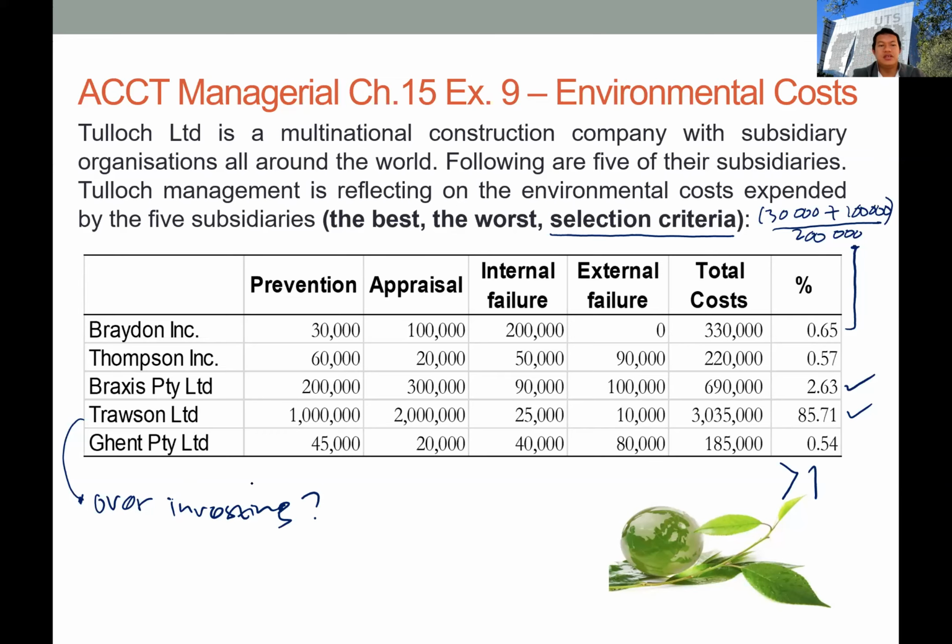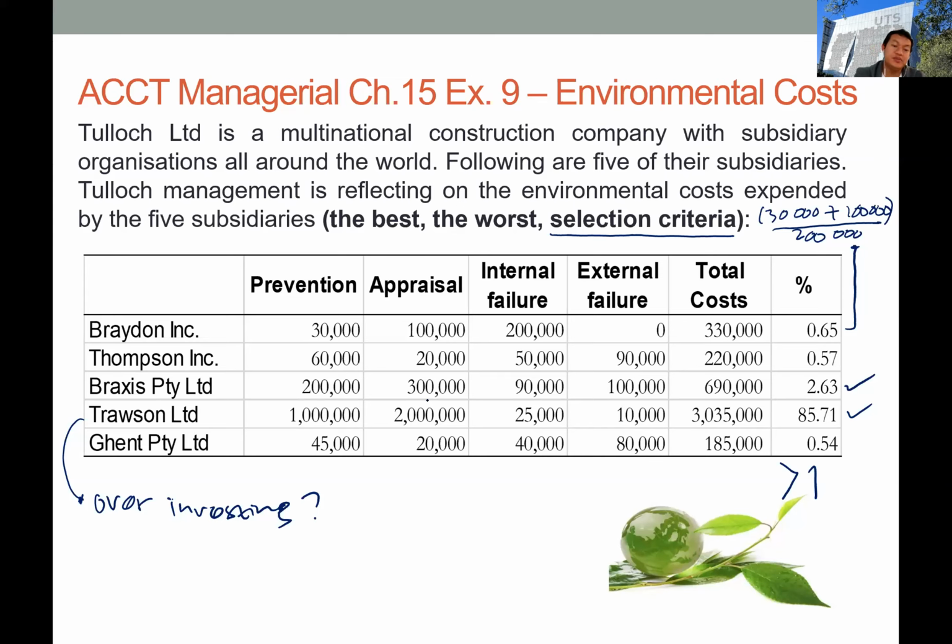This may signal that this subsidiary is over investing in their prevention and appraisal costs. Now you can see that the cost is 1 million plus 2 million, 3 million, while the failure cost is very small, 35,000. This might indicate that this subsidiary is over investing, and that the investment is not really addressing the specific environmental problems related to the subsidiary's operation.